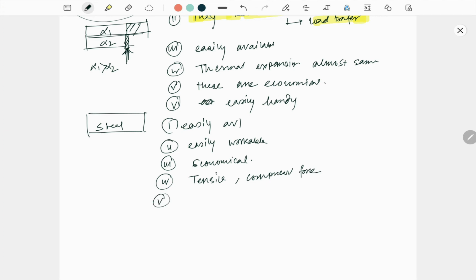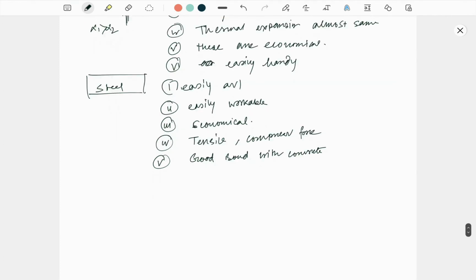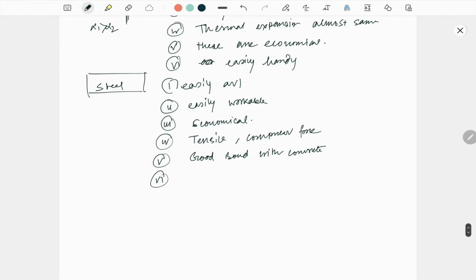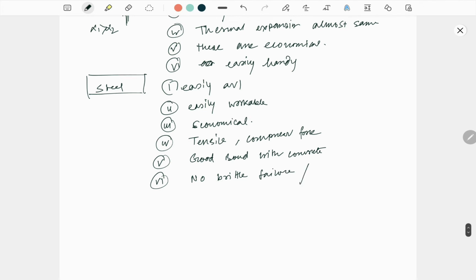Fortunately, they show good bond with concrete. Number 6, no brittle failure. That means they are ductile in nature.